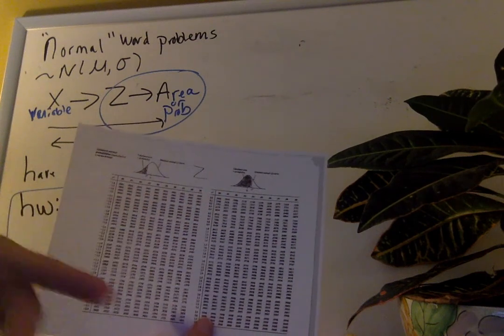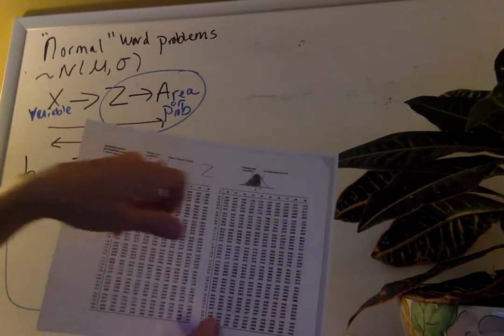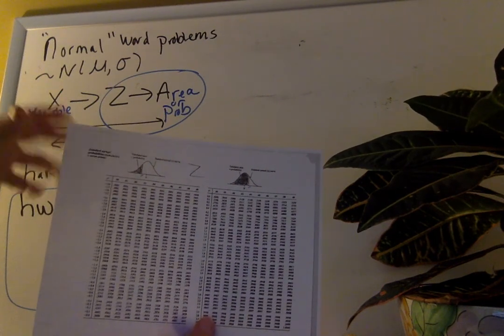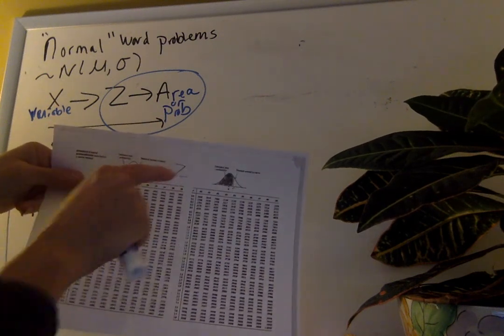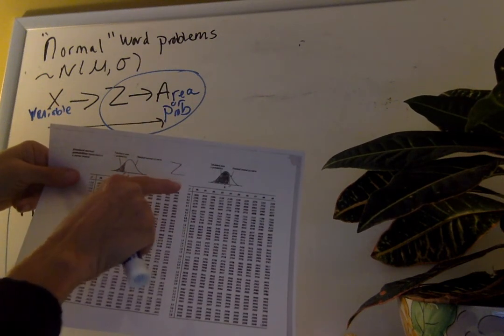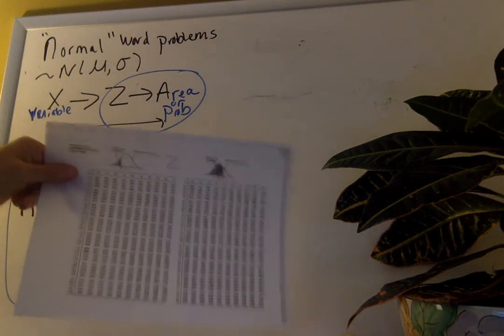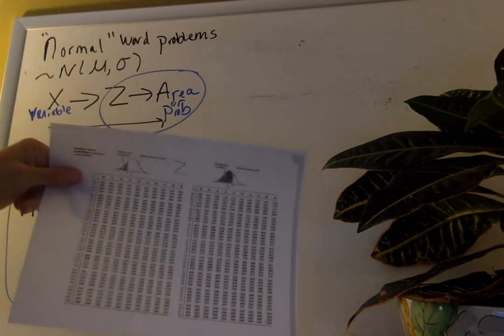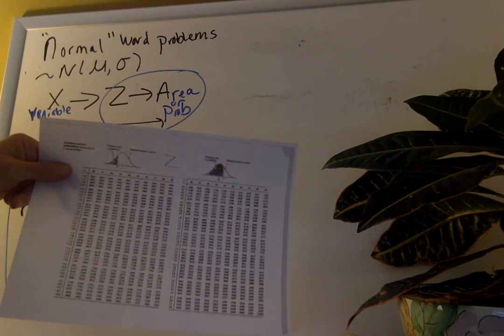So I'm hoping, of course that's my hope, that from constantly looking at the picture up here, it helps highlight what these areas are. So this is what the normal distribution looks like. This is the standard normal, the Z, okay? The mean is 0, standard deviation of 1. This is really just the empirical rule, kind of like on steroids, right? After this video, you are never using the empirical rule again.